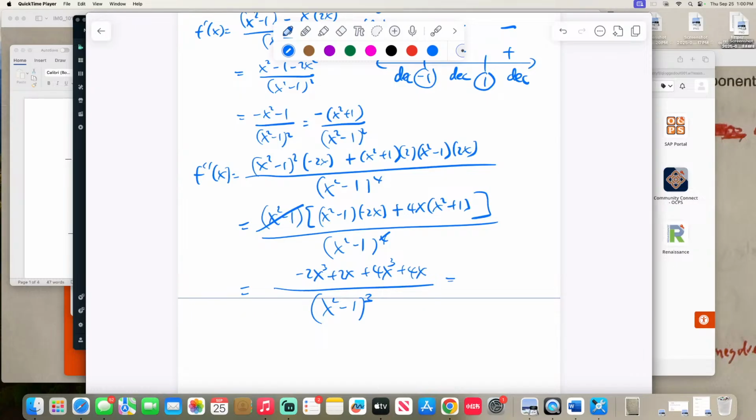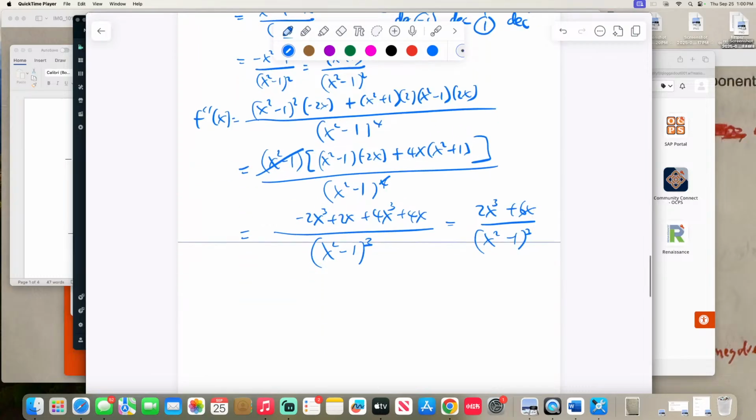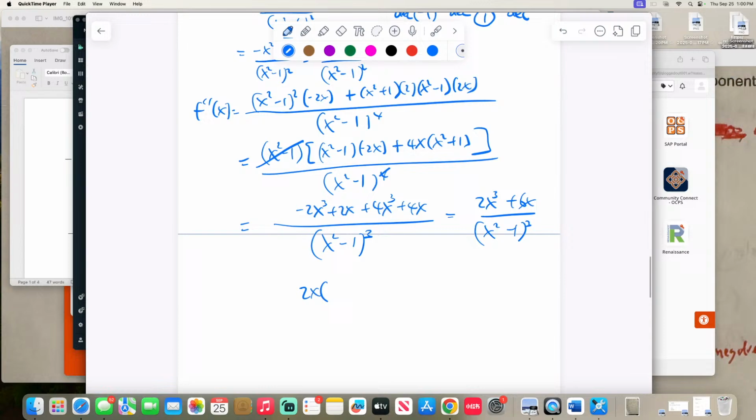So that gives you 2x cubed plus 6x over x squared minus 1 to the 3rd. I can factor out 2x on the top, so that's going to be x squared plus 3, over x squared minus 1 to the 3rd, sorry.